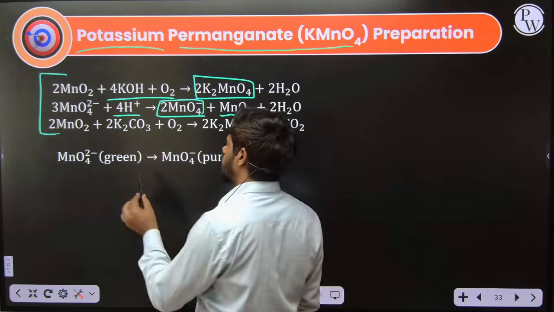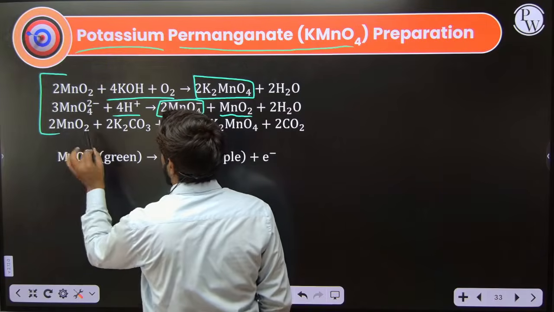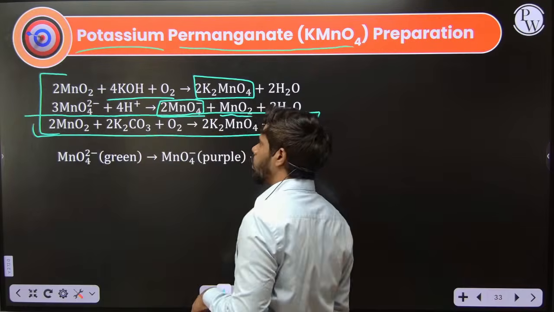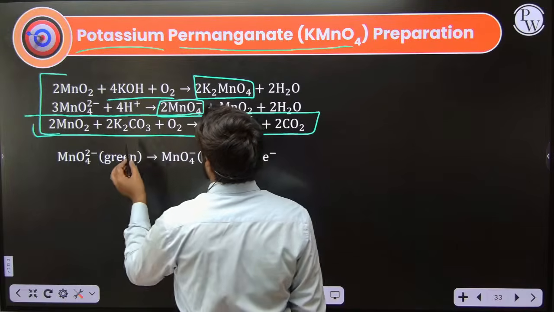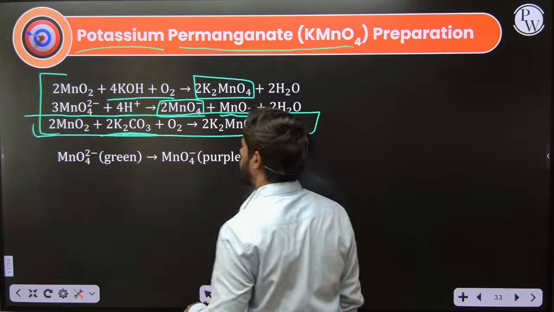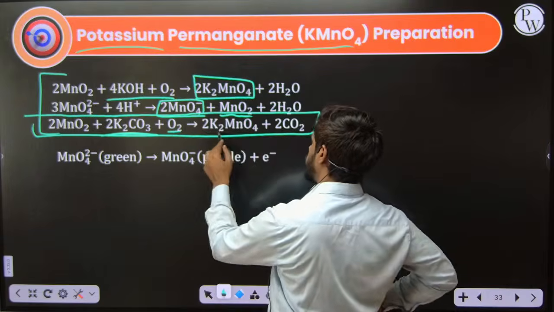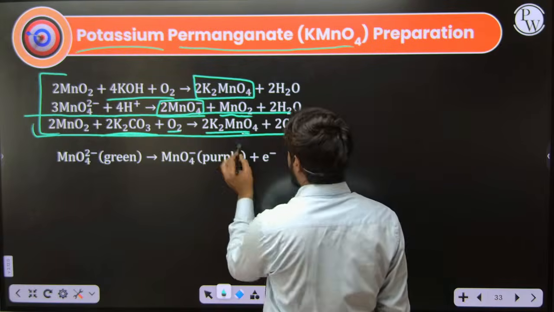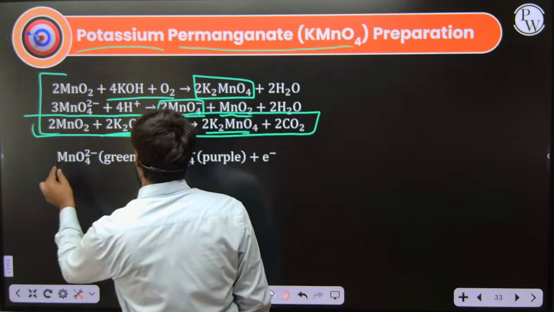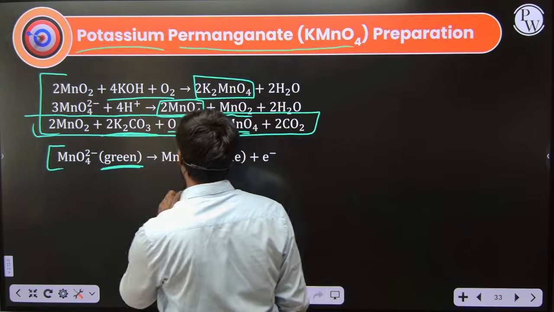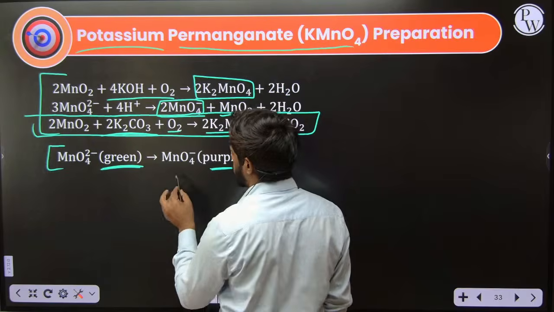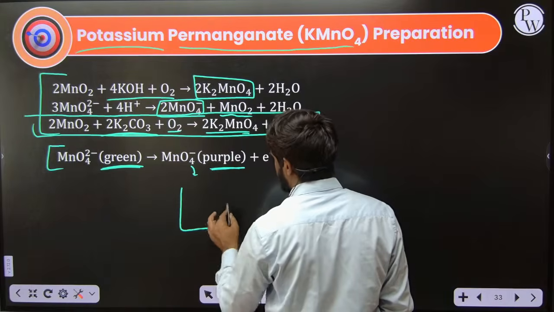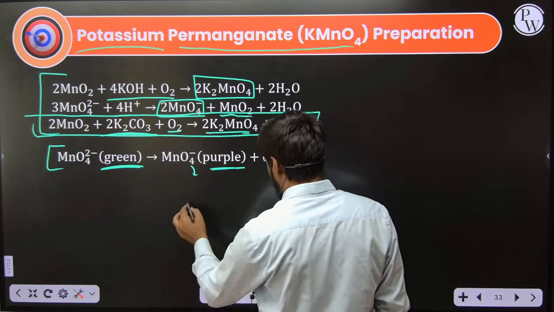So this is the formation of potassium permanganate, and another route is also there: MnO2 when heated with potassium carbonate and oxygen gives potassium manganate. Basically, potassium manganate, which is green in color, gets converted into potassium permanganate, which is purple in color.